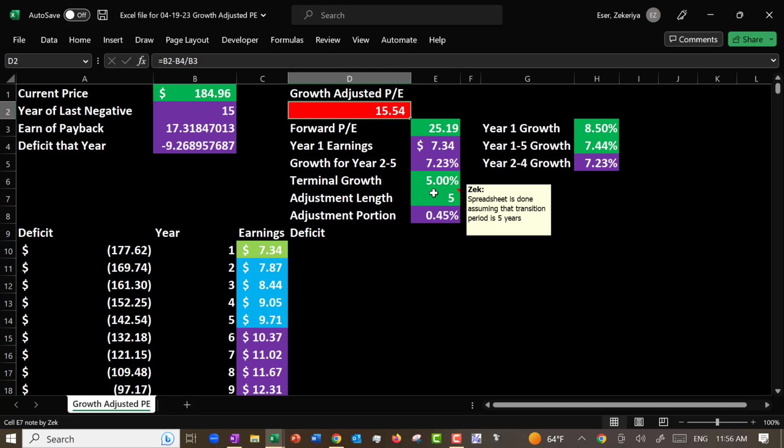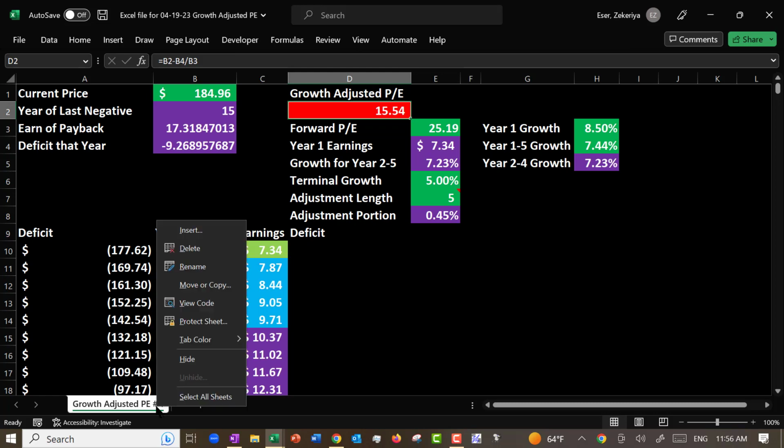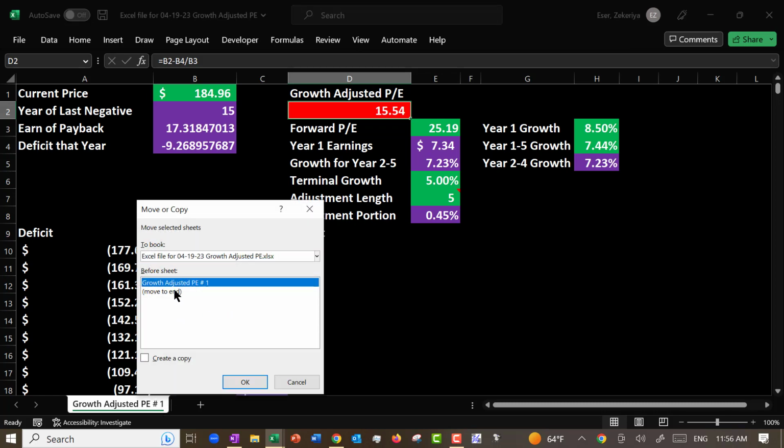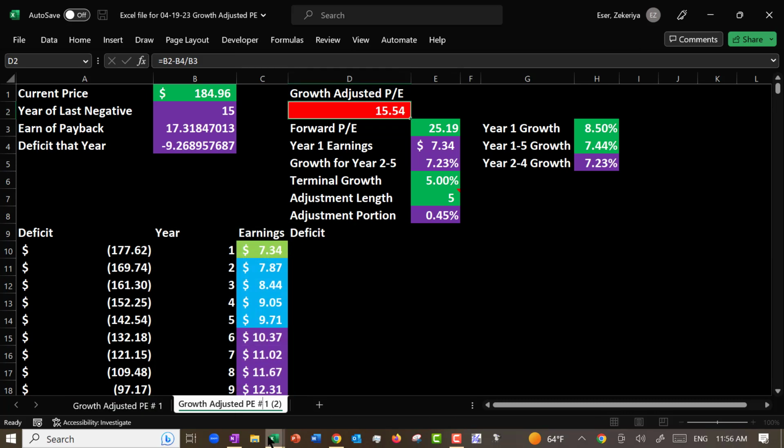Actually, it may not be a bad idea. Number one, just create a duplicate as needed. You don't necessarily have to remember things.